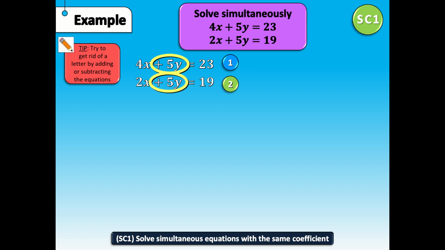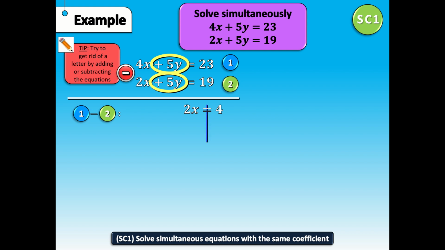So these ones are both positive 5y, so we can subtract them. So 4x take away 2x would be 2x, 5y take away 5y is 0, and 23 take away 19 is 4. So we've got 2x equals 4.